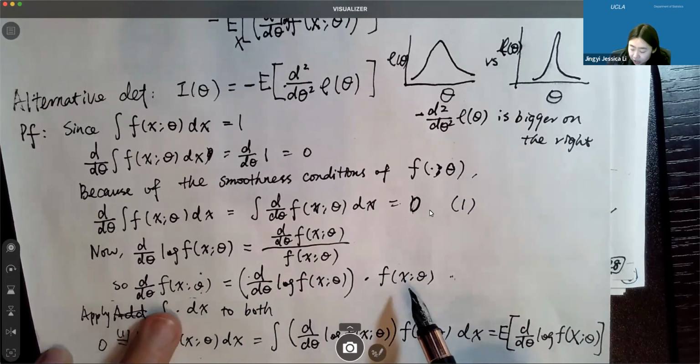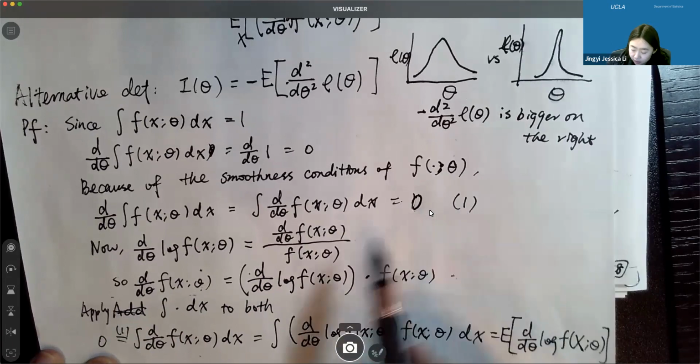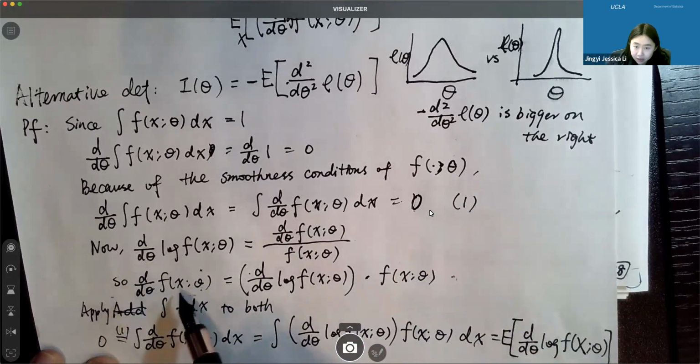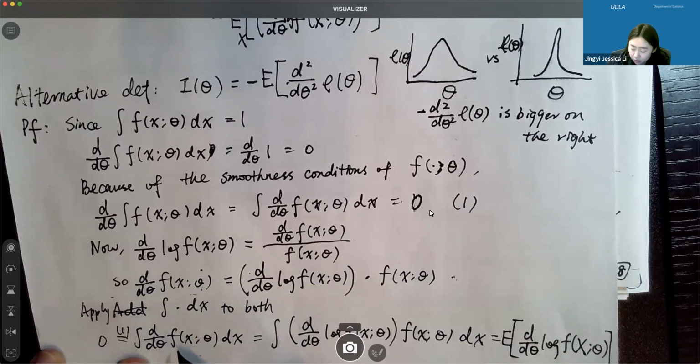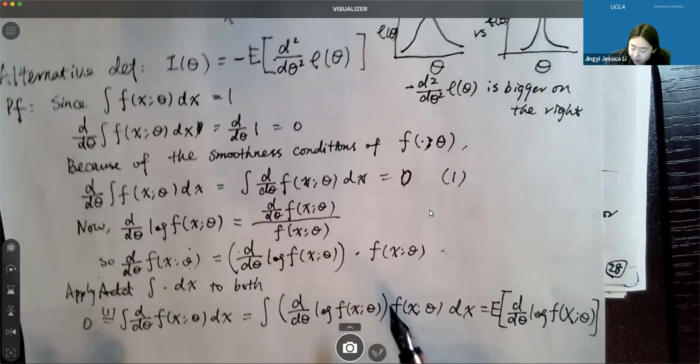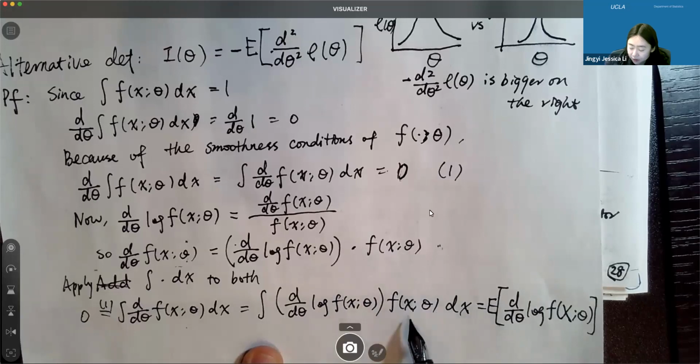Using this, and from the earlier result, we know that if we integrate the left-hand side over x, it's 0. So we have 0 equal to the integral of the right-hand side over x. Now we have the definition of expectation: a function of x times the density of x, integrated over dx, gives the expectation.